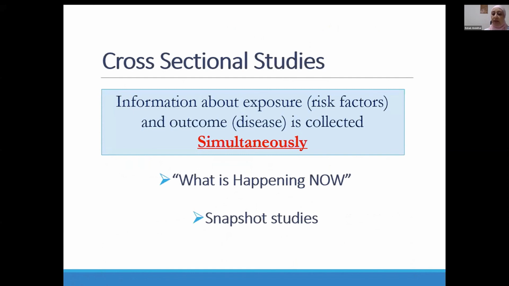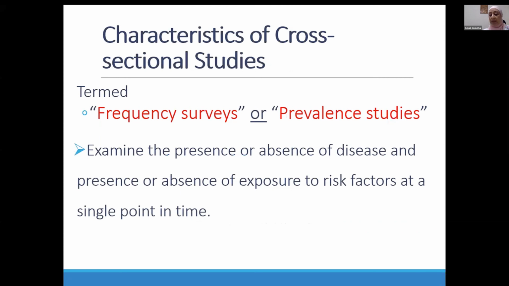So they ask the question of what is happening now, and they are sometimes termed as snapshot studies. They are also called frequency studies or prevalence studies because the measure that we calculate out of cross-sectional studies is the prevalence of the disease.